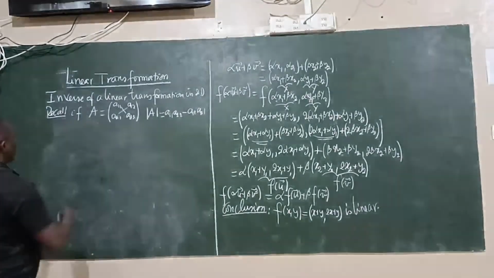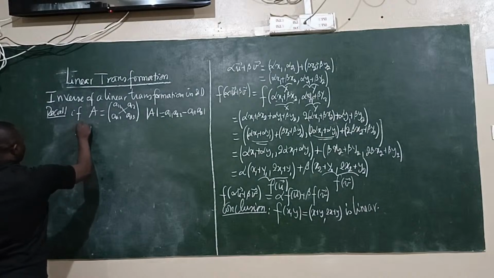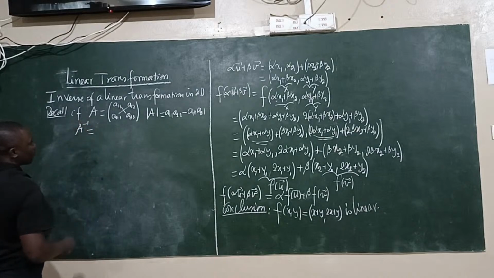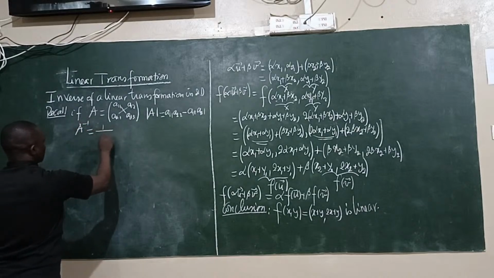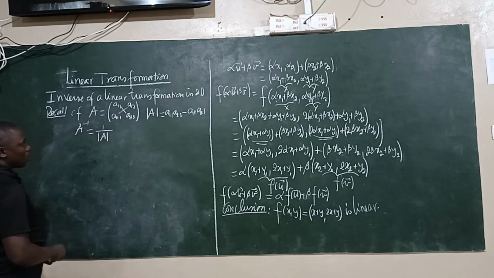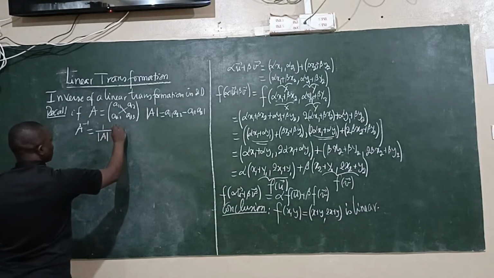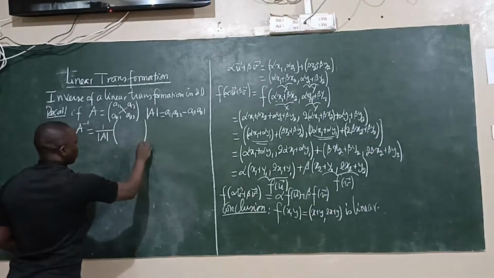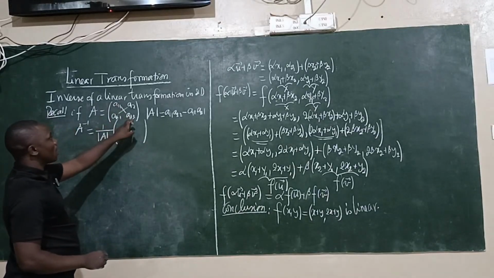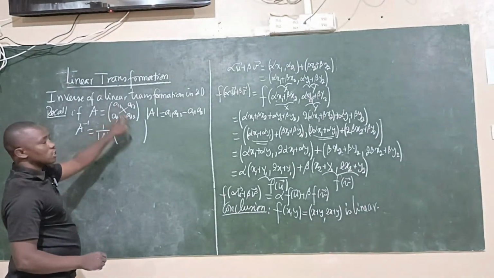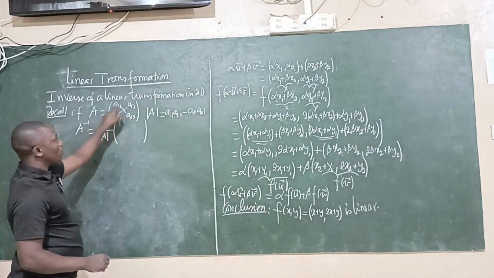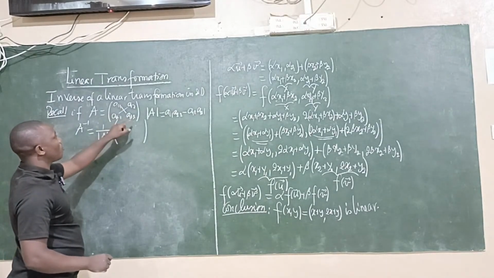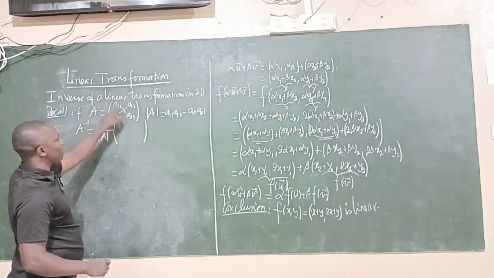Now, the inverse of this matrix is given by the reciprocal of the determinant of matrix A times the adjoint. The adjoint here is got by interchanging the leading diagonal elements.